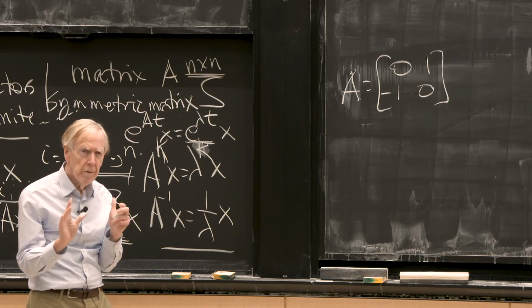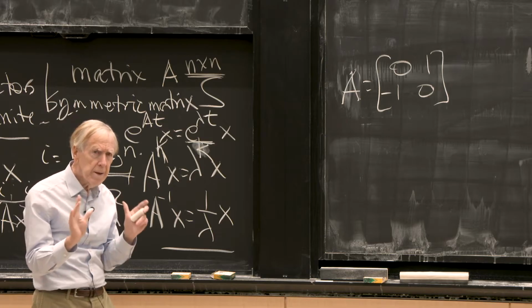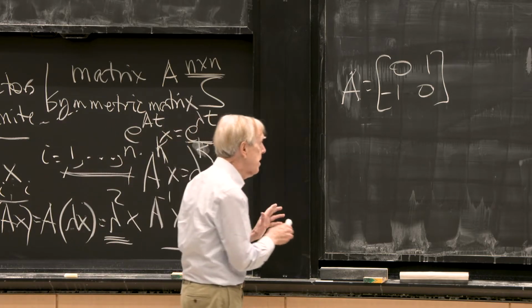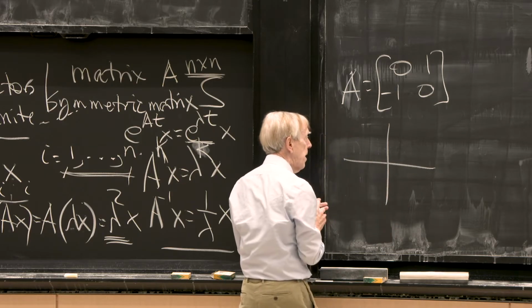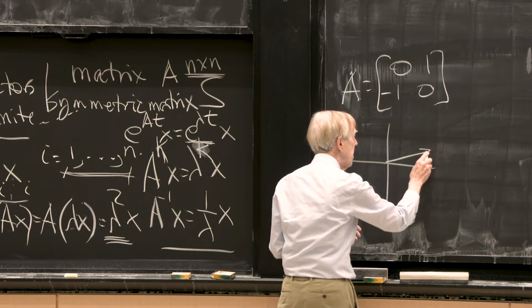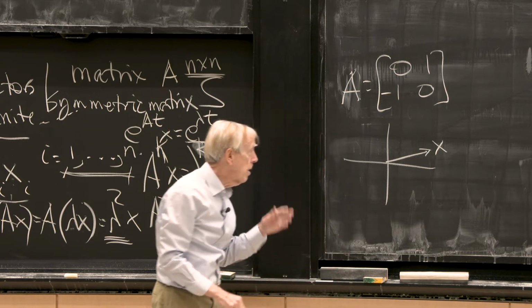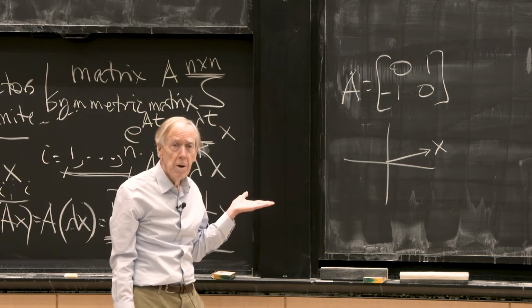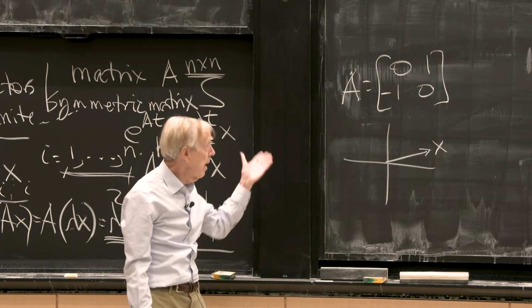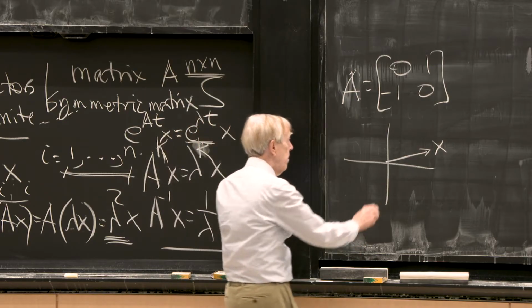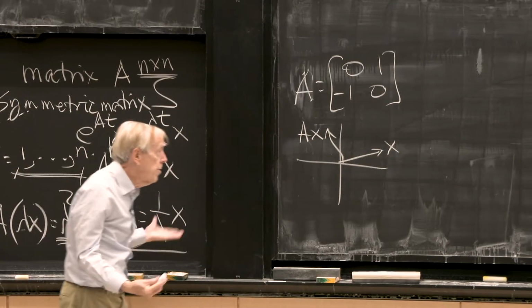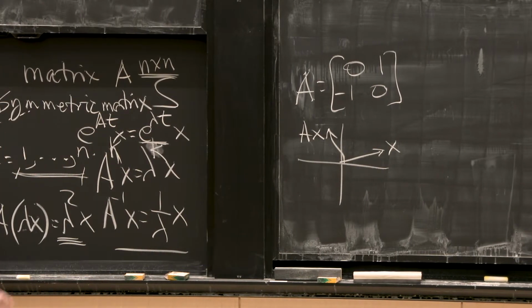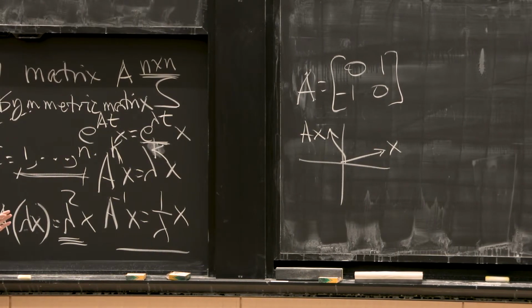A 90-degree rotation, that's not a weird matrix. But from the point of view of eigenvectors, something a little odd has to happen, right? Because if I take a vector x, any vector x, could it possibly be an eigenvector? Well, apply A to it. You'd be off in this direction, Ax. And there is no way that Ax can be a multiple of x.